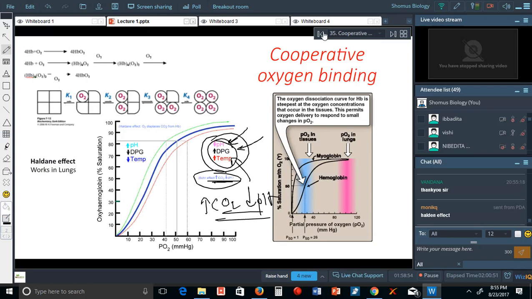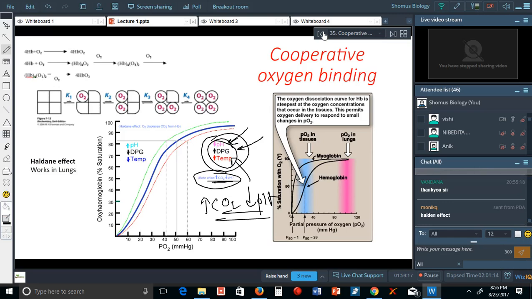And if hemoglobin binds too eagerly to the oxygen, then what will happen? It will never release the oxygen. That is bad. And if the affinity of oxygen towards hemoglobin is very low, then it can pick up the oxygen but can never release the carbon dioxide.